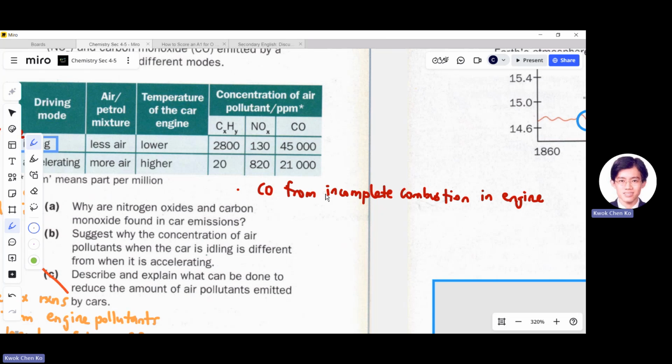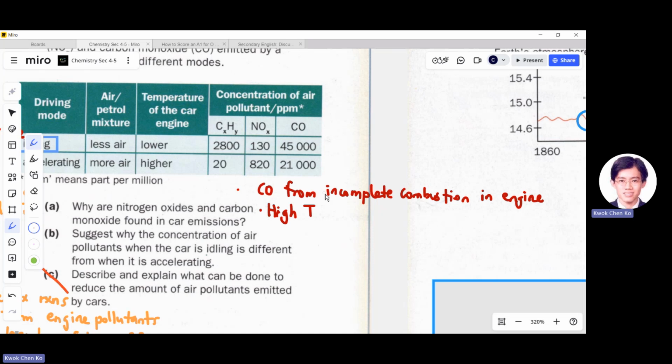Yep, Ethan, take note. Yep, Dylan, where do nitrogen oxides come from? I mean, in the car engine too, but how do they form? The temperature is high.